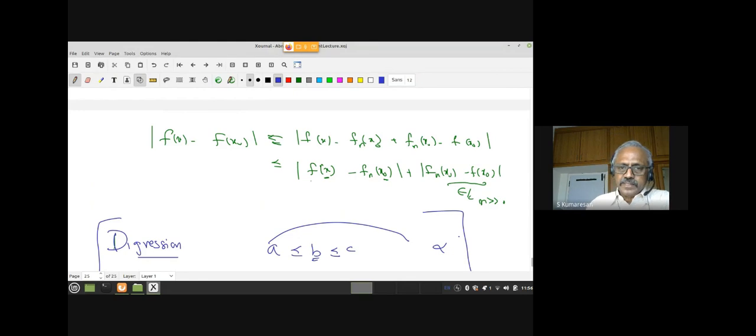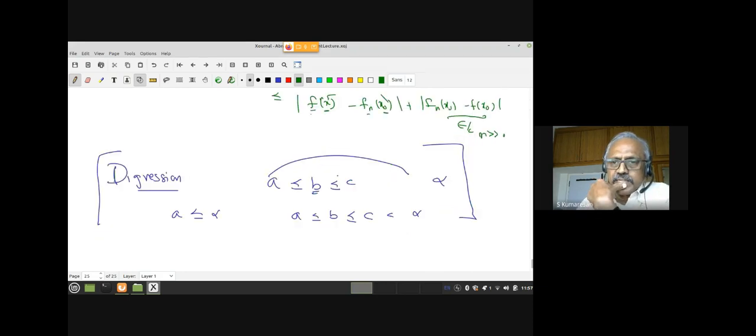Let's go back. The digression is over. So I saw |f(x) - f(x0)| is less than or equal to this, because this way I can make sure this is arbitrarily small. Now I have f(x) - fn(x0), but then this x and x0 are different, and this is f, this is fn. There is a slight problem.